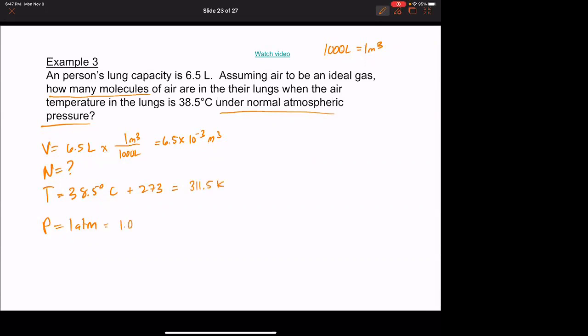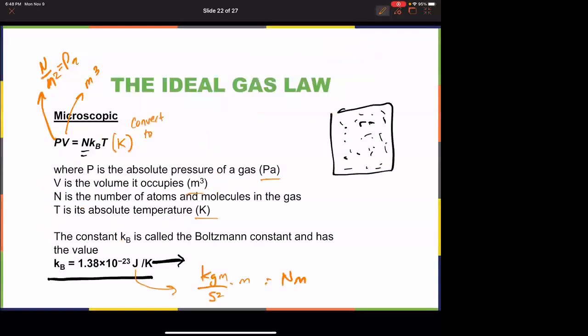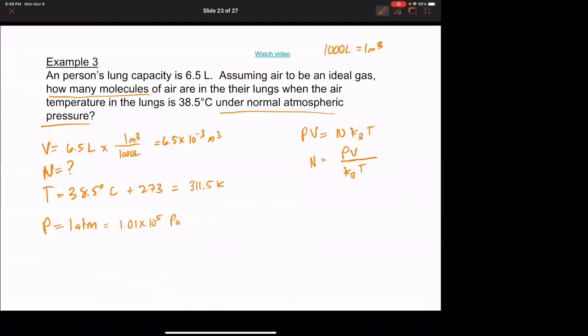And 1 atm is 1.01 times 10 to the 5th pascals. We know that. PV equals N kBT. So that means N equals PV over kBT. Remember what kB is: 1.38 times 10 to the minus 23rd. So now we can just plug in.